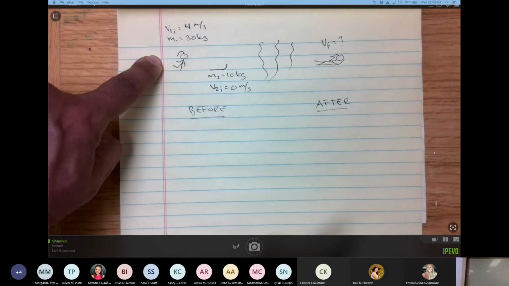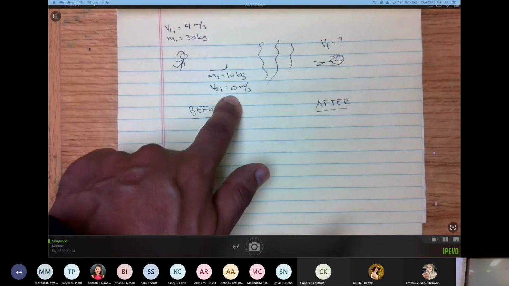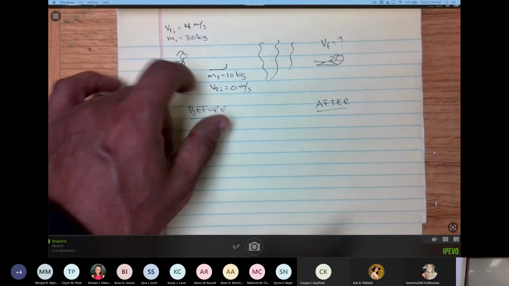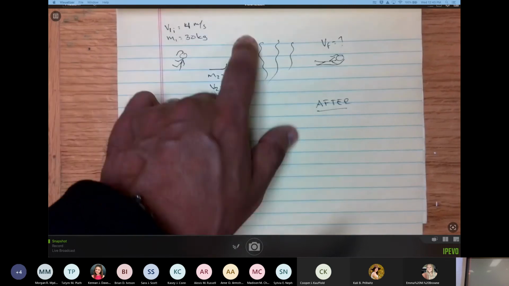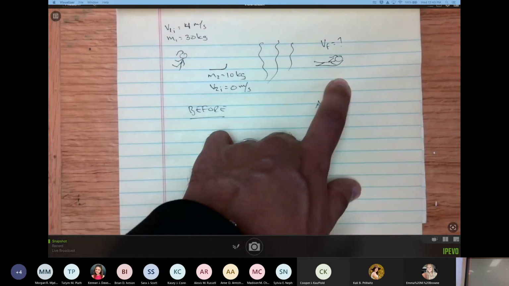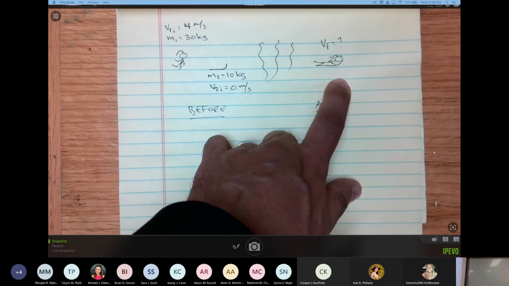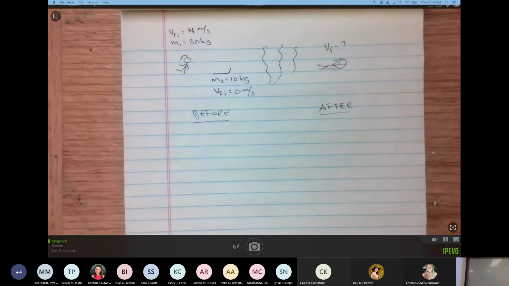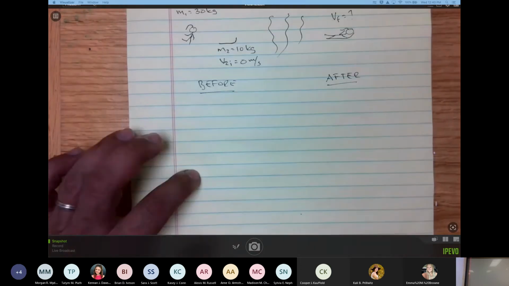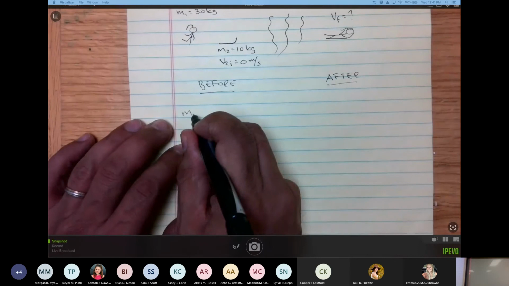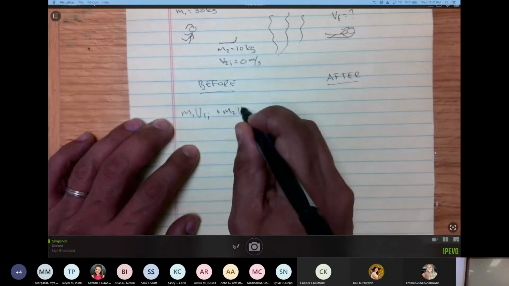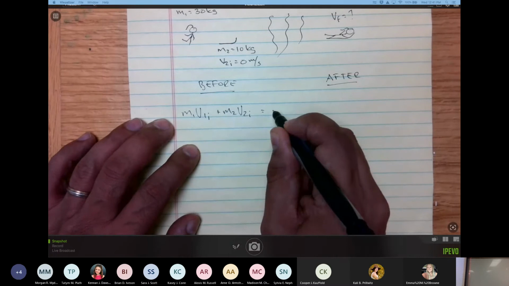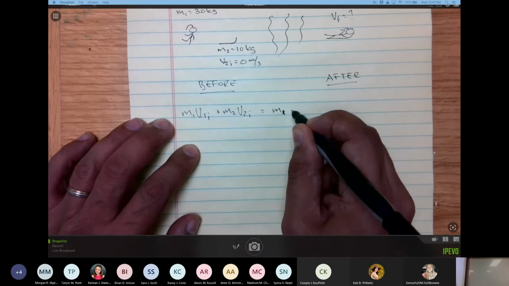I'm going to add those two momentums, and that's the momentum of the system. Whatever happens to that system, the momentum has to be conserved. So I'm just going to write the equation of conservation of momentum: m1 v1 initial plus m2 v2 initial is equal to m1 v1 final plus m2 v2 final.